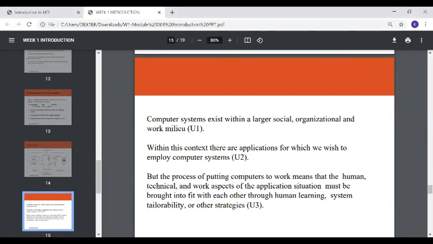But the process of putting computers to work means that the human, technical, and work aspects of the application situation must be brought into fit with each other through human learning, system tailorability, or other strategies, which is the human-machine fit and adaptation.